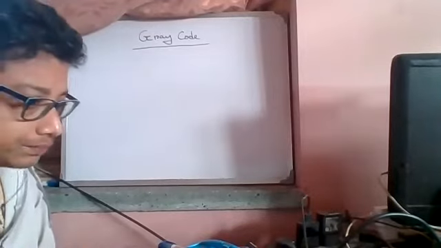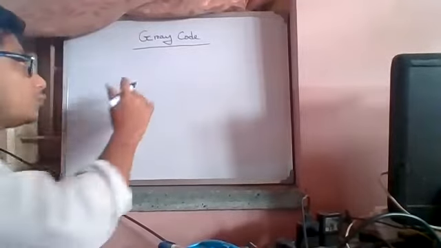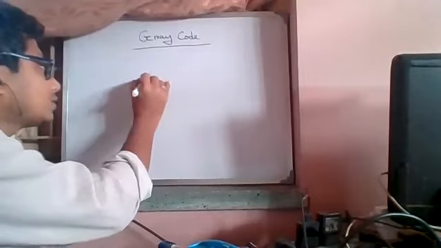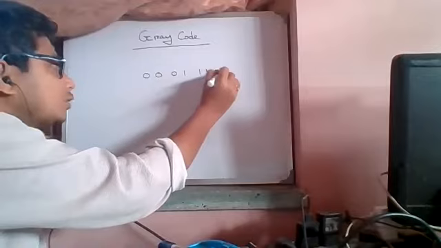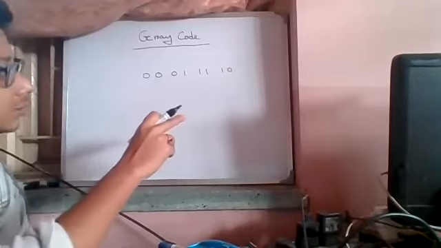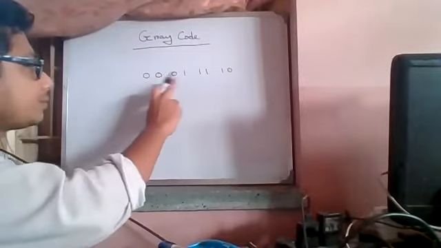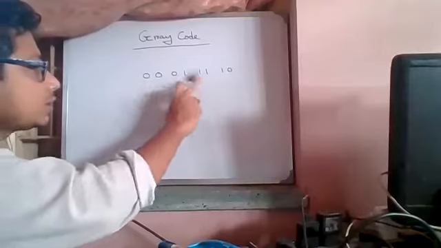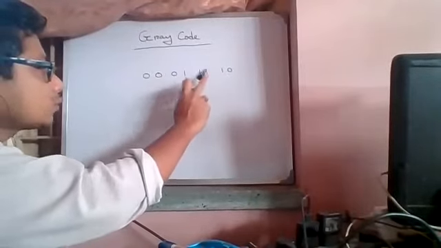Now this Gray code we have already got in our Karnaugh maps, because in the Karnaugh map we have seen that when we write 0 0, 0 1, then we go to 1 1 and then 1 0. That is to maintain this property that every code differs by a single digit. Over here this 0 becomes 1, over here this 0 becomes 1, over here this 1 becomes 0.